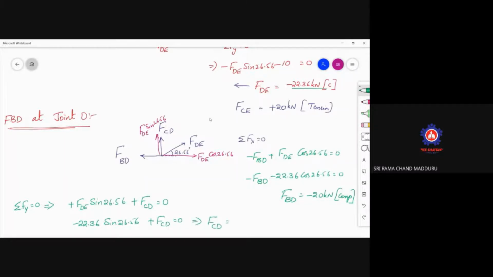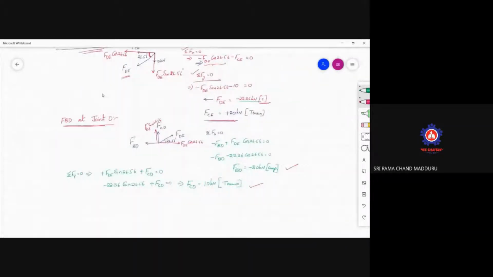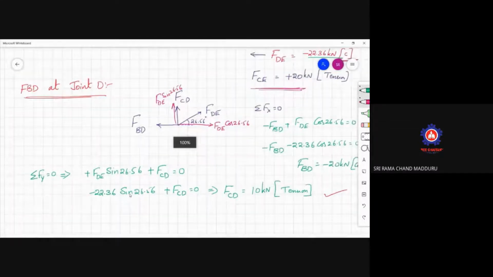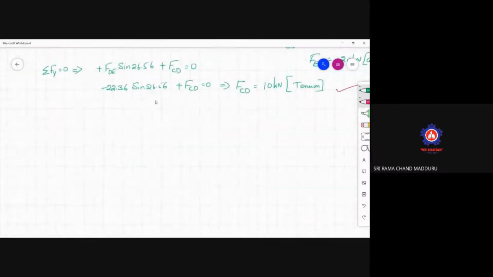We get the value of FCD. The value of FCD is nothing but 10 kilonewtons. Please do the simplification. Draw the free body diagram at joint C.